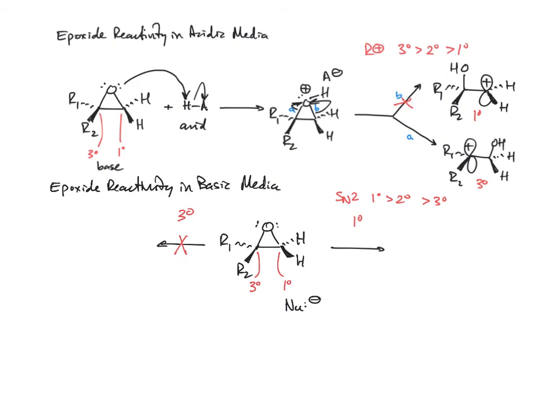And so if the lone pair attacks, again, it's opposite the C-O bond, because that's then going to open. So remember the stereochemical outcome of an SN2 reaction.